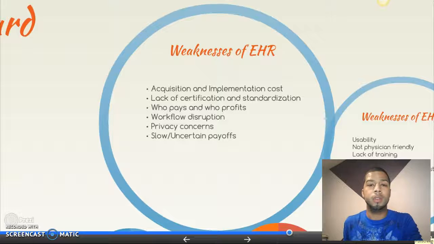There might be different levels of interoperability and different functions that it can do. So that's definitely a weakness of EHR, having a lack of standardization, the costs, disruption, and the workflow.